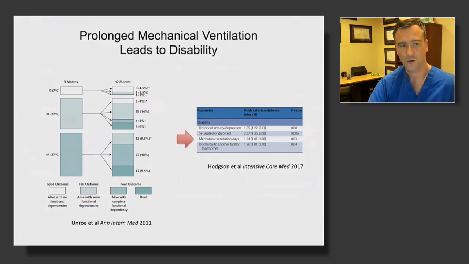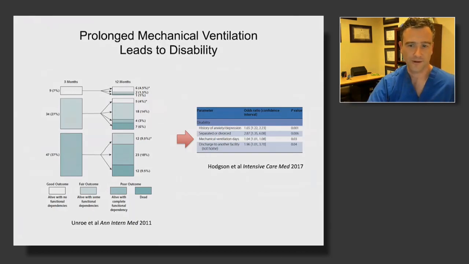In this cohort, more than a third of patients were alive with complete functional dependency at 3 months, and many of those either died or failed to improve at the 12-month mark. And other patients who initially had better functional status subsequently deteriorated. So these patients are at very high risk for prolonged disability.